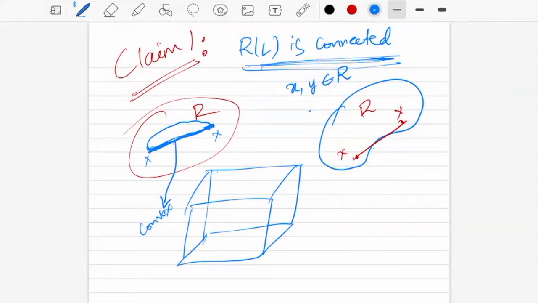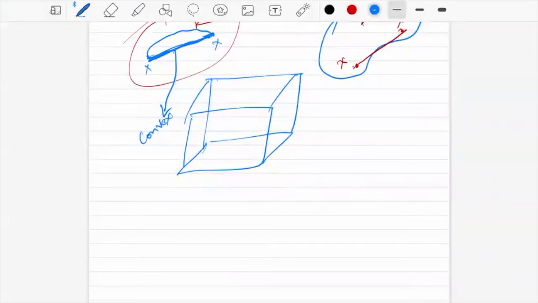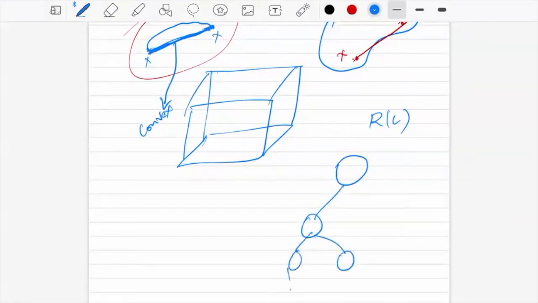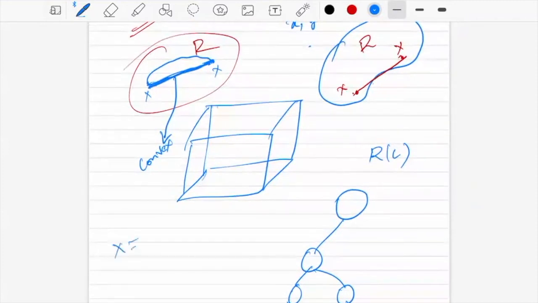Basically I'm going to do the pictorial representation for R of L. So if I take a tree which has its nodes, for example, if I take a three-dimensional space which consists of points x1, x2, x3, 3 dimensions, so I can consider this as x1, x2, and then this as x3.